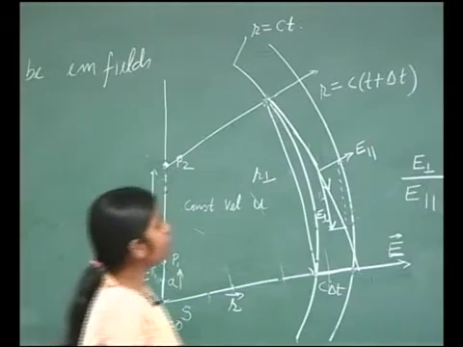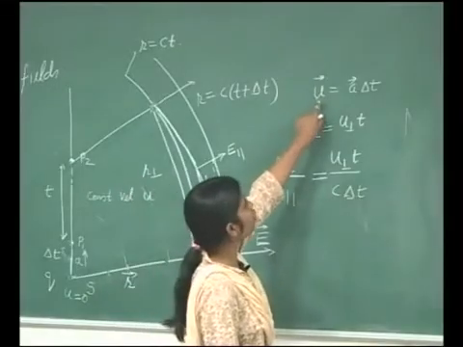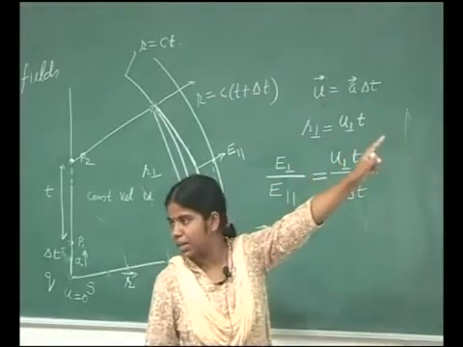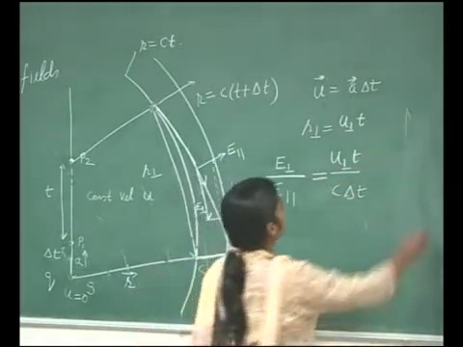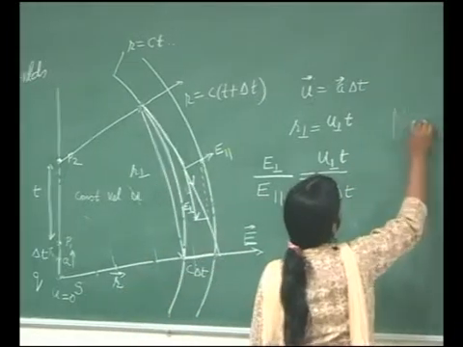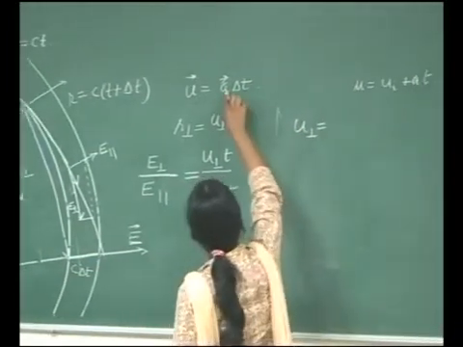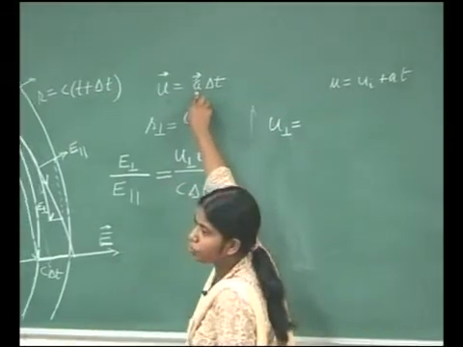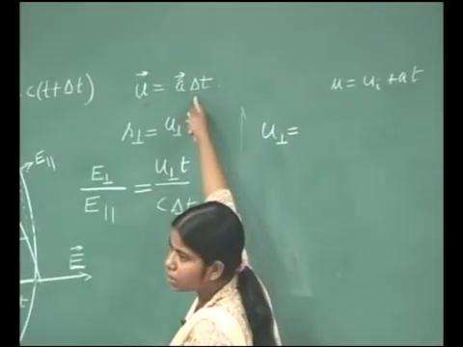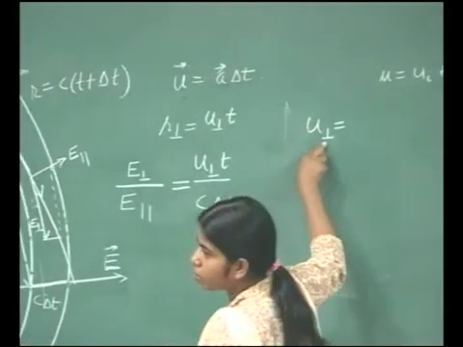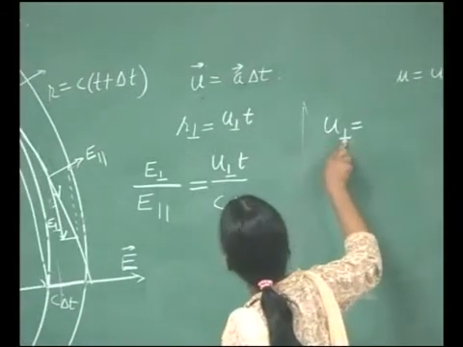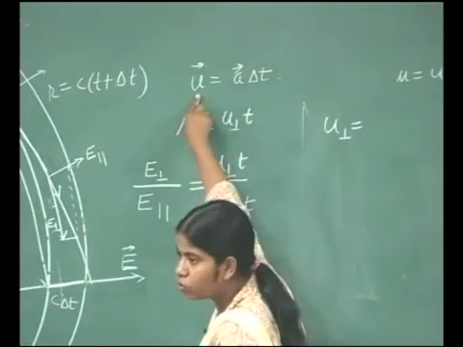So, you see here that u is equal to a into delta t. So, I can say from here that u perpendicular should be the perpendicular component of a into delta t. u perpendicular is the perpendicular component of u.